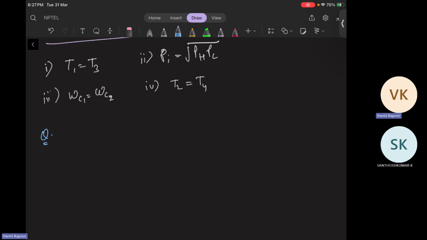A regenerative reheat cycle. So reheat and regeneration both are taken.